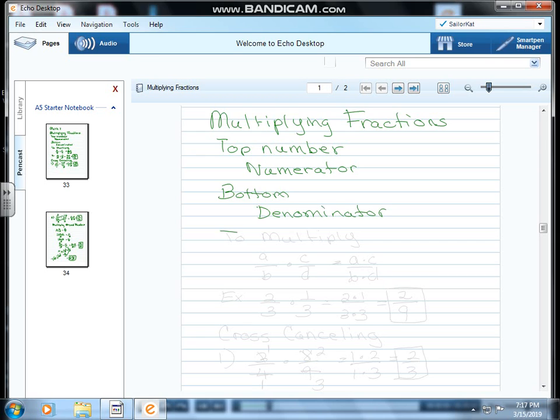To multiply fractions, all you have to do is multiply the top by the top and the bottom by the bottom.